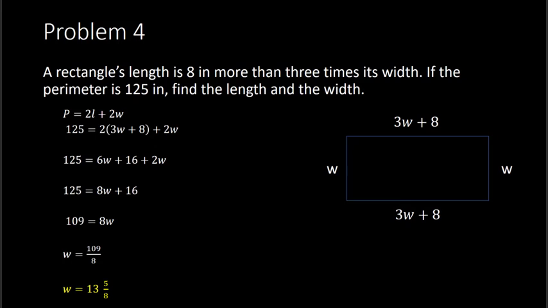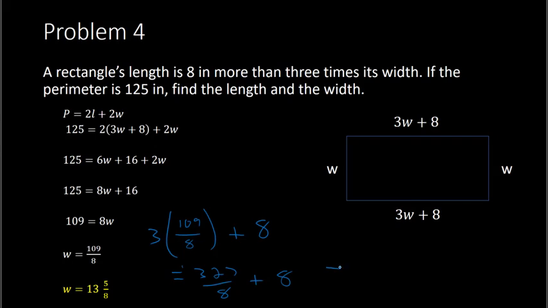But if you do it by hand, you would have, let's see, 109 over 8, that is W, and then multiply by 3, and then add 8. So 3 times 109 would be 327 over 8 plus 8.